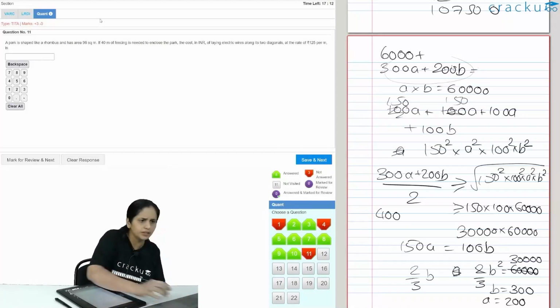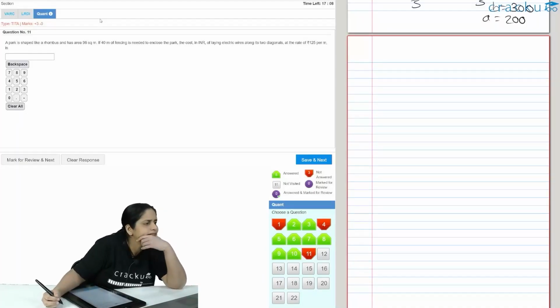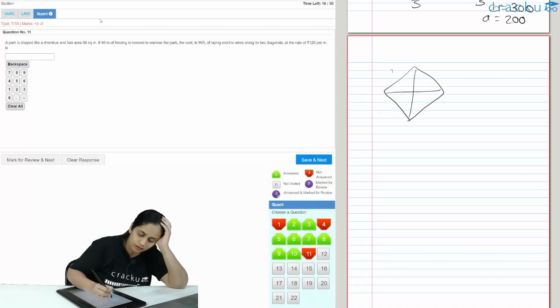A park is shaped like a rhombus. Has area this, so A is equal to 10, 14.